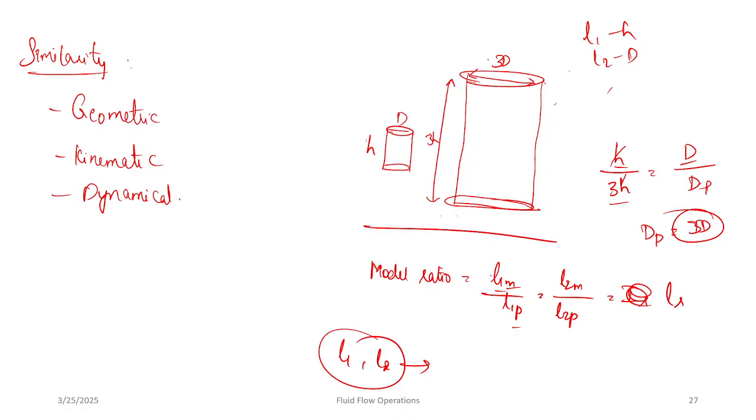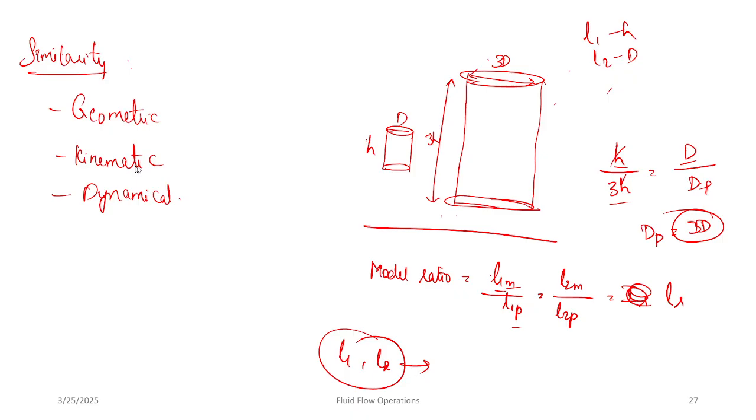Okay, so basically acceleration ratios, velocity ratios, they should be equal.